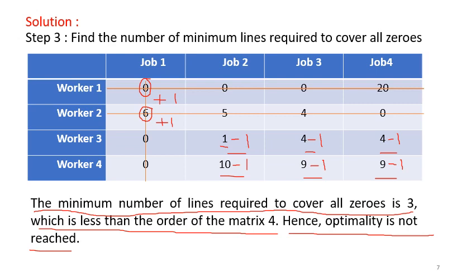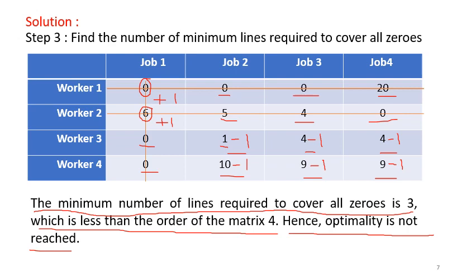Now wherever there are numbers where only a single line is passing, for example this 0, this 20, this 5, 4, 0, this 0, this 0, all these numbers where only one line is passing, that will remain as it is in the new table.